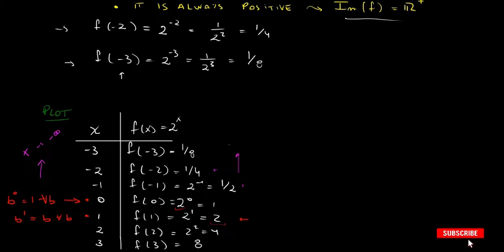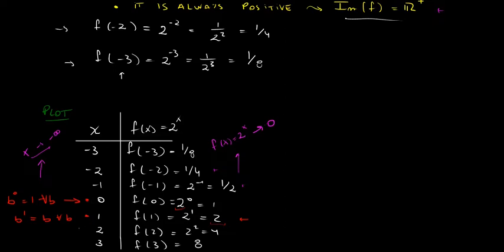When we go towards minus infinity with x, the function f of x, or 2 to the power x, is trying to get as close as possible to 0. And remember we said that the image was the set of the positive real numbers. So it will never be negative, but it will try and be 0 as much as possible.